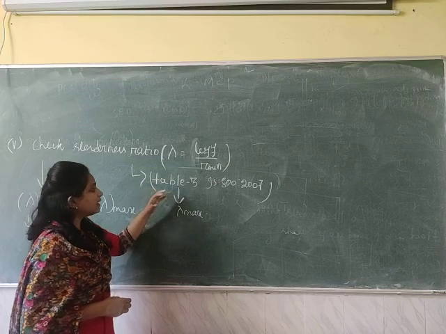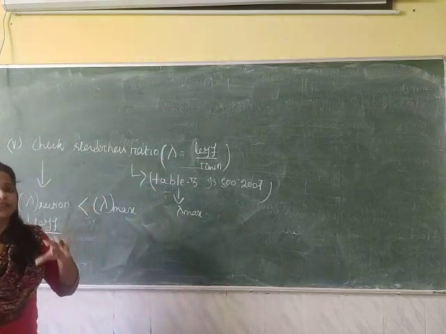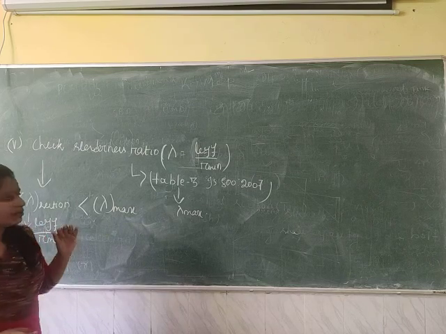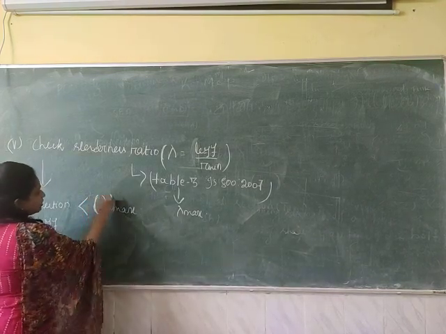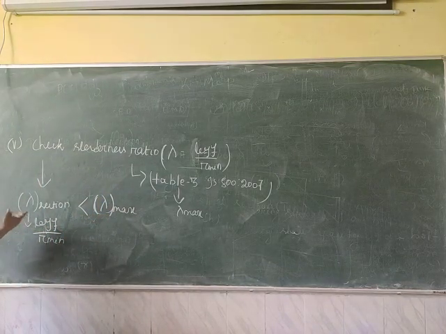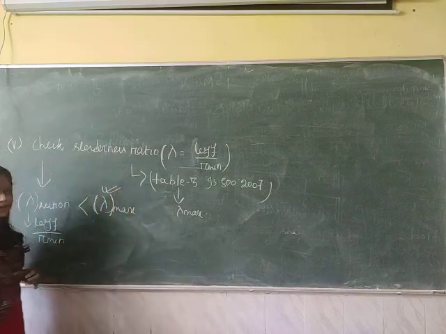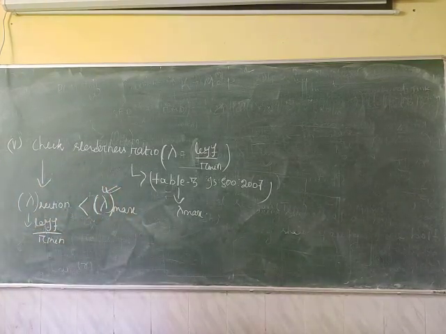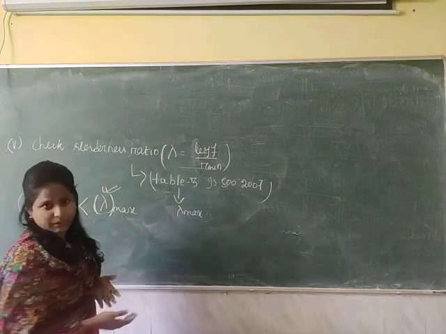For that a condition is required, and that condition will be given in the question. According to that condition, check the maximum slenderness value, and the slenderness value of the section should be less than this maximum value. In this way you can design the tension member.